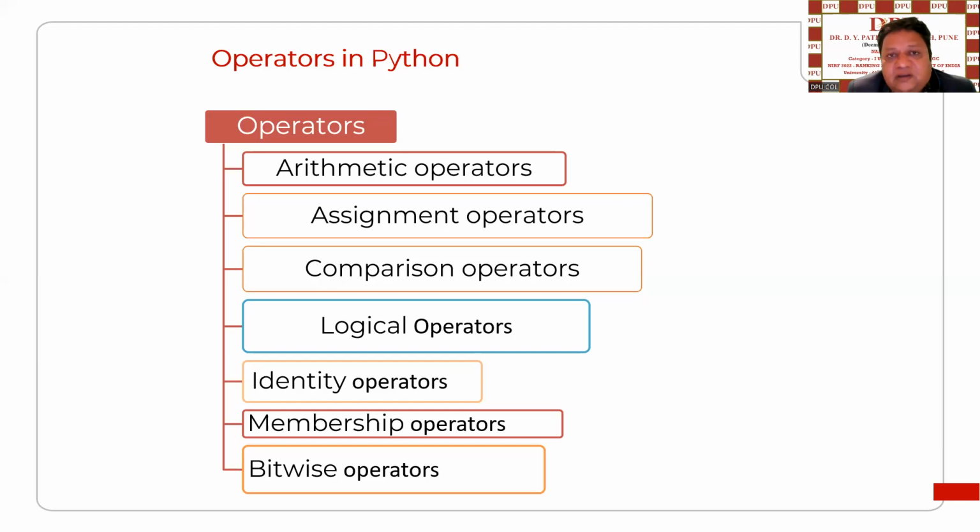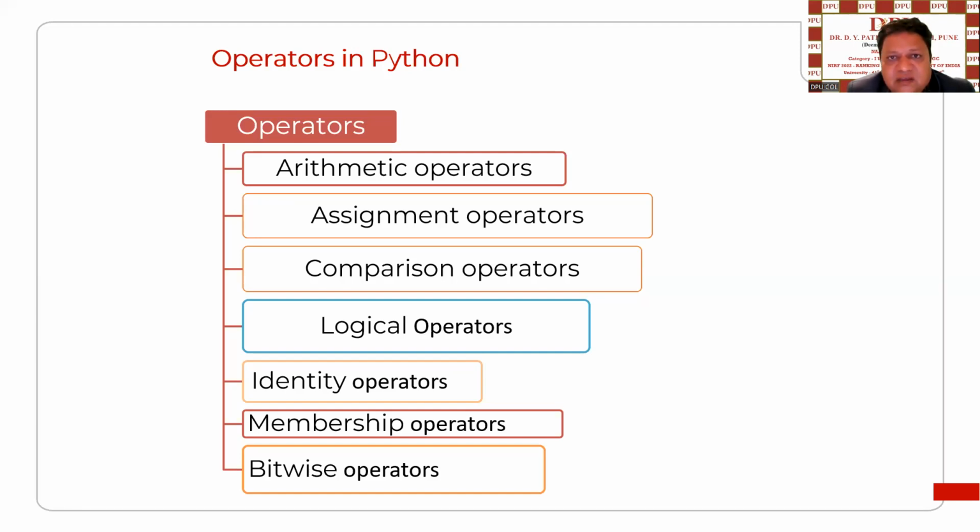The next operator is the membership operator. The membership operators are used to check whether a given variable belongs to a particular collection or not. Suppose that I have created a collection, say numbers, 1, 2, 3, 4, 5, 6.